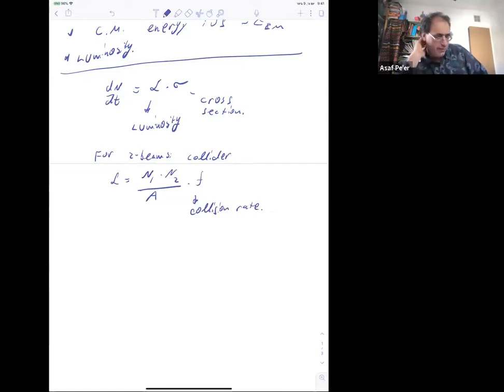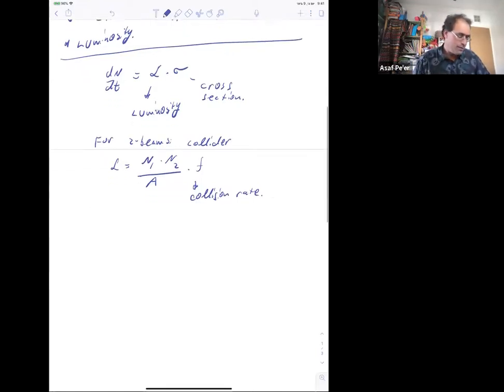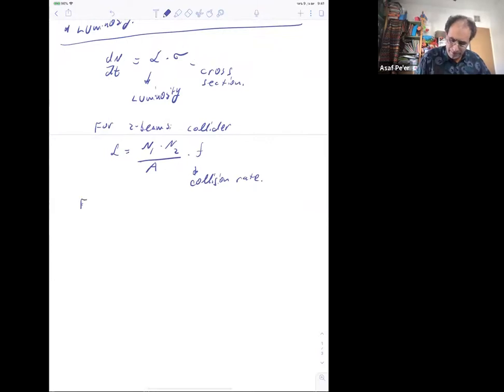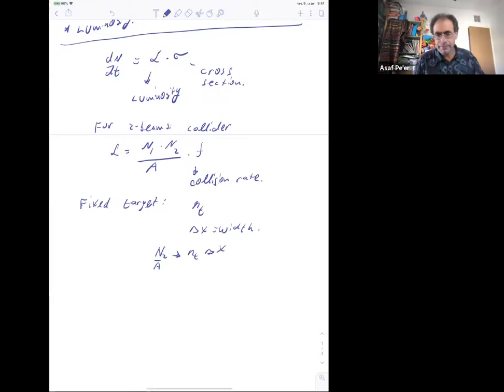Now we can have a similar definition if we have a fixed target experiment, right? So if we have a target of density and target particles in the target, and then the width of the target is delta x, then we simply take the N2 over A, and just name it as NT delta x.